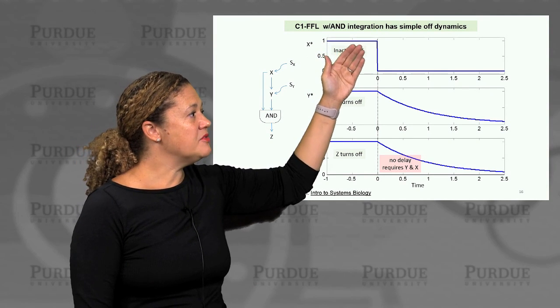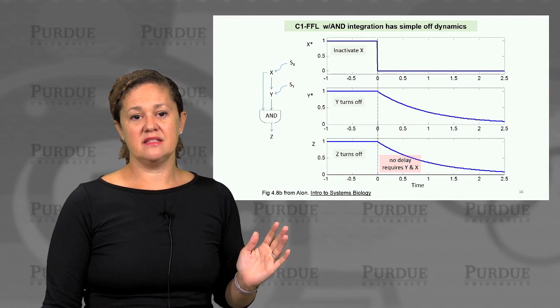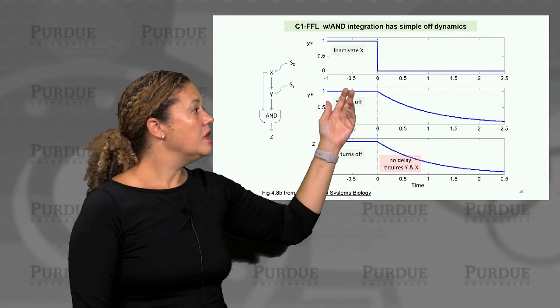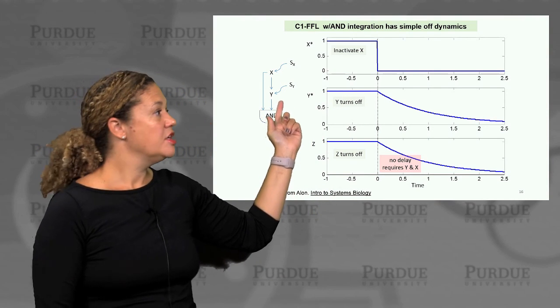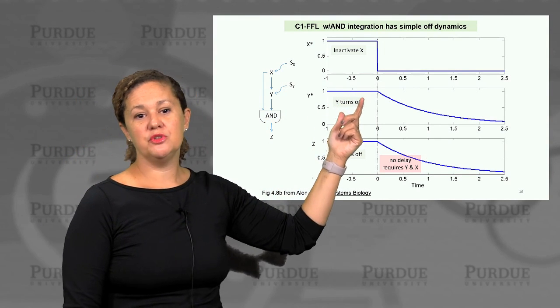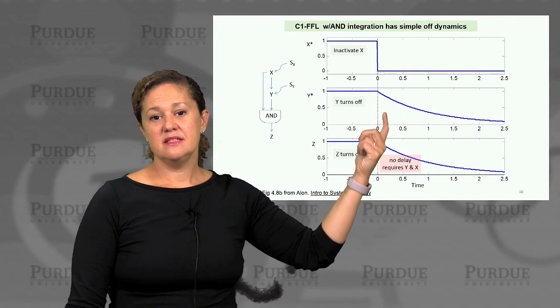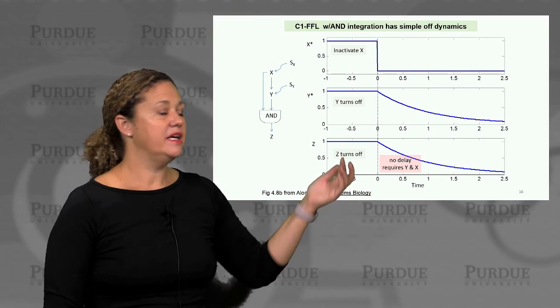And if at time 0 now, we instantaneously take our activated X transcription factor away. Well, Y is turned on by simple activation here. So when X goes away, our transcription will turn off, and we'll simply have a decay that's dominated and controlled by our decay rate, alpha Y, of our Y protein.